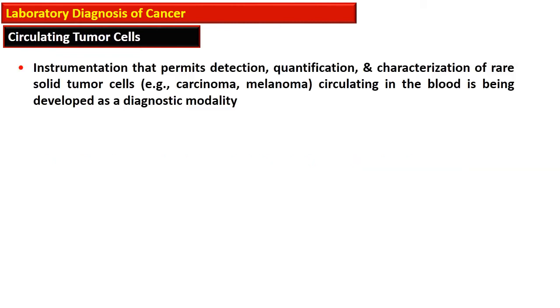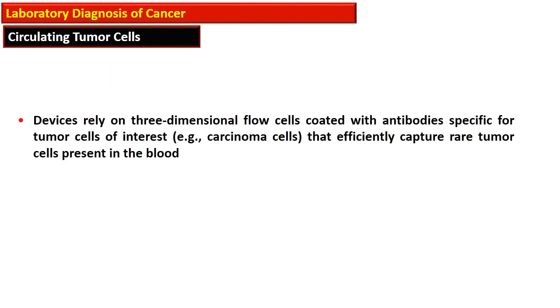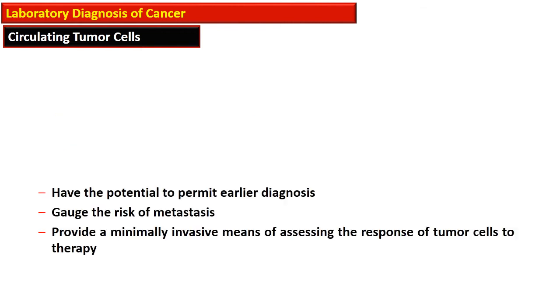Then circulating tumor cells are also detected by instruments that quantify and characterize the rare tumor cells, such as carcinoma or melanoma, that are freely circulating in the blood. The device for the detection of circulating tumor cells relies on three-dimensional flow cells coated with antibodies that are specific for the tumor cells of interest, such as for the carcinoma cell, and these antibodies capture the rare tumor cells that are present in the blood.